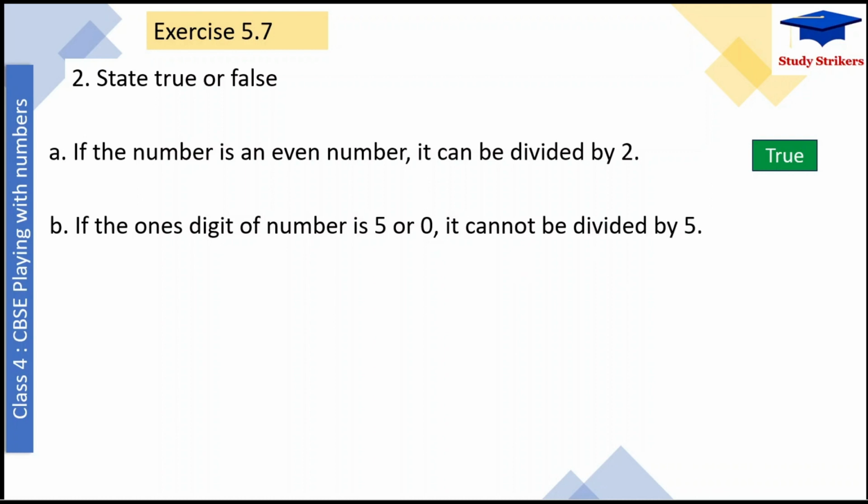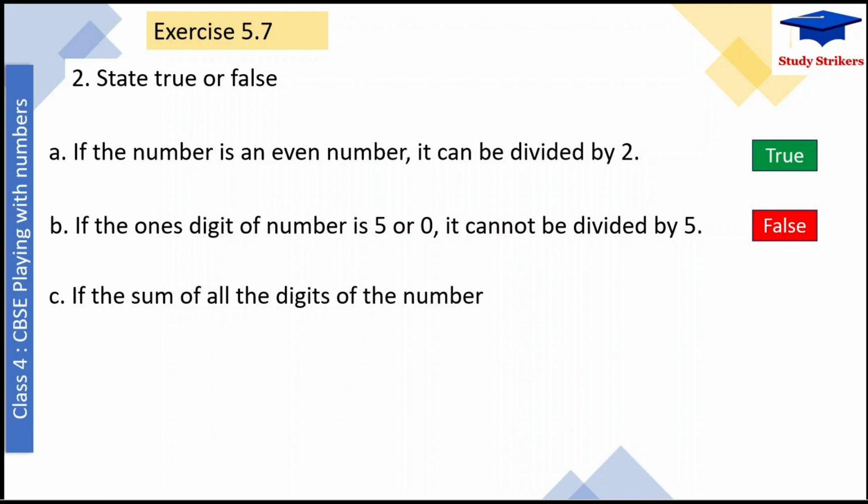No, that's false. If the ones digit is 5 or 0, it is definitely divisible by 5. So this statement is false. If the sum of all the digits of the number is divisible by 3, it can be divided by 9. As I told you earlier, it's false.